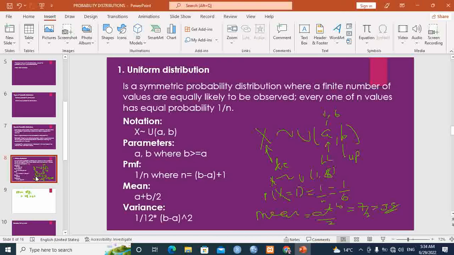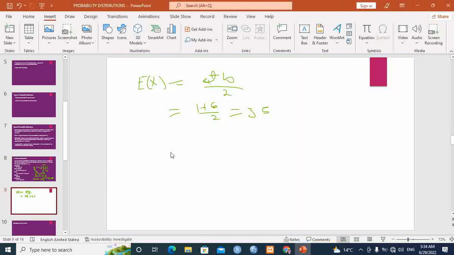Before we look at variance, let's look at the probability frequency distribution of this event.